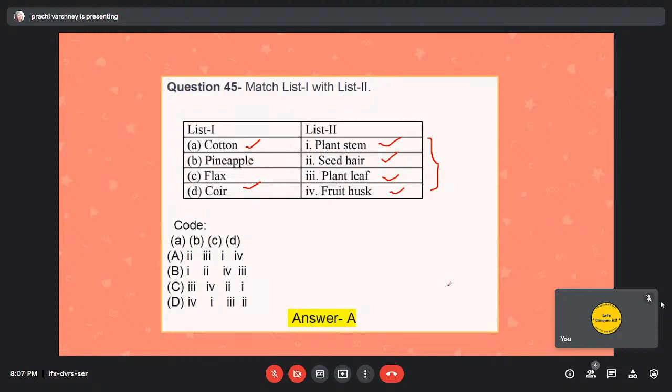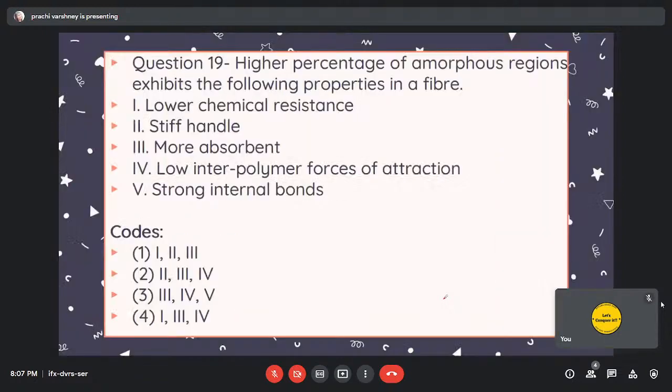This is also a previous year question. Like this, you can see these questions in the examination. The next question is from amorphous and crystalline regions.